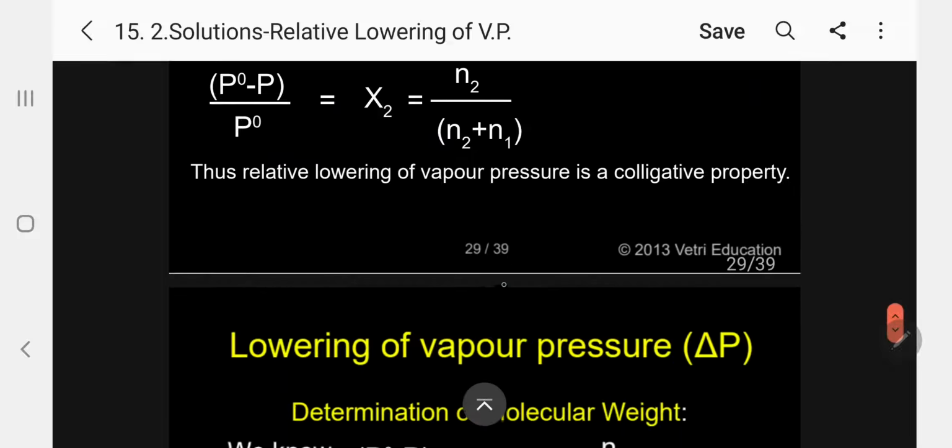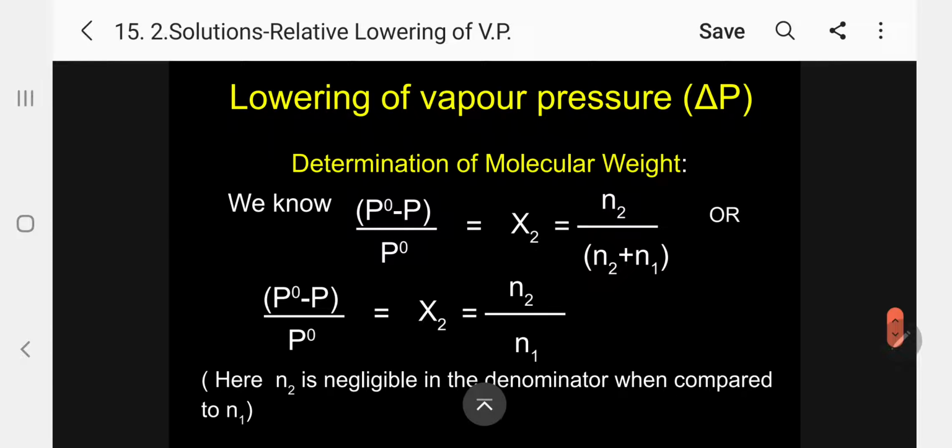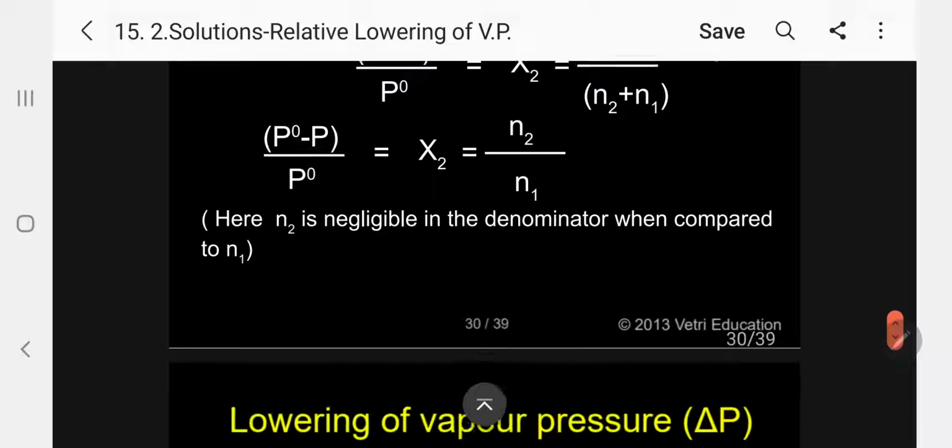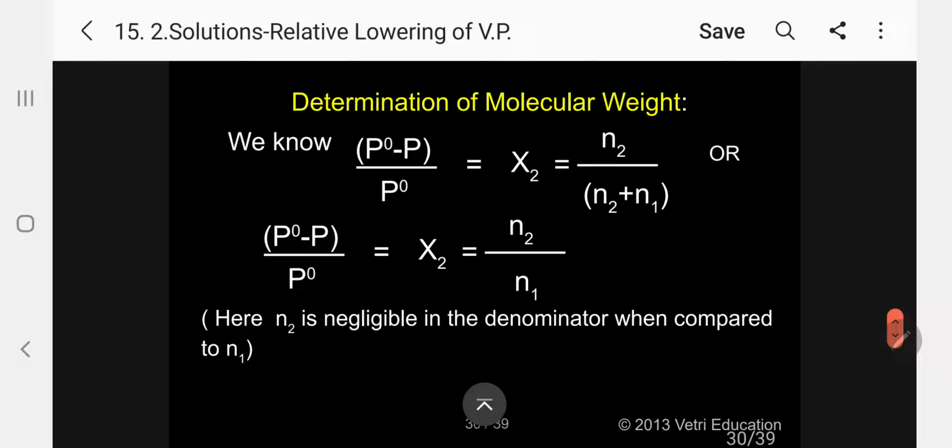So let me expand for determination of molecular weight. Our aim is always to determine the molecular weight. In all this chapter, our aim is always determination of molecular weight. So I will write now P naught minus P by P naught equals x2, that is equal to n2 by n2 plus n1.